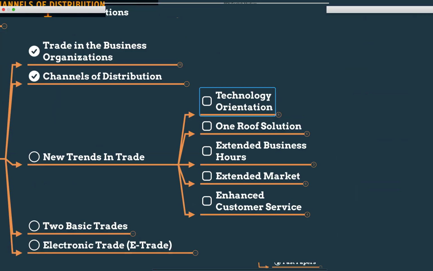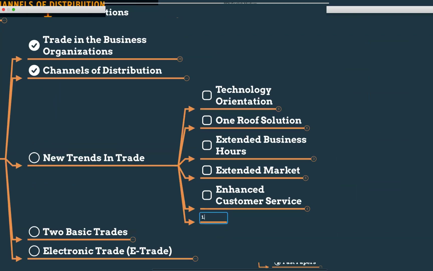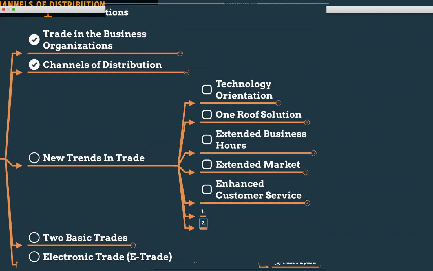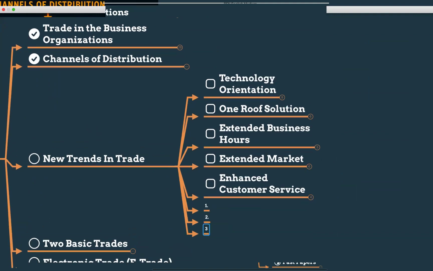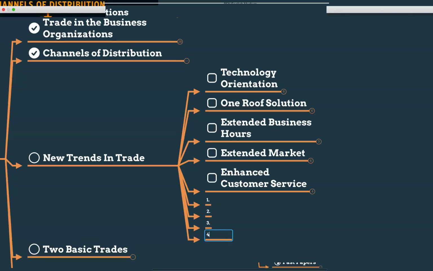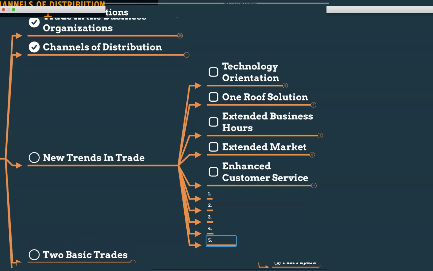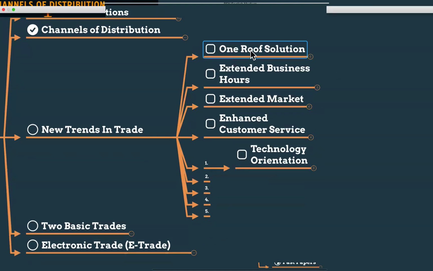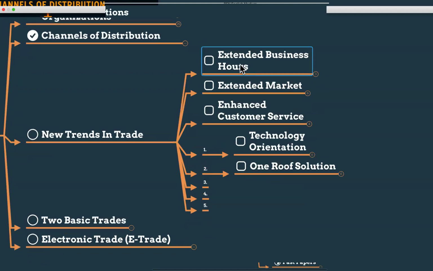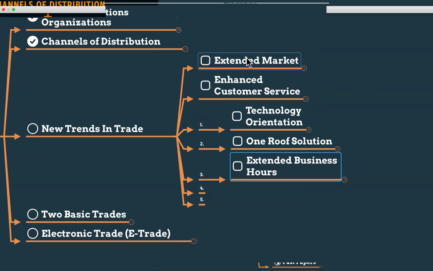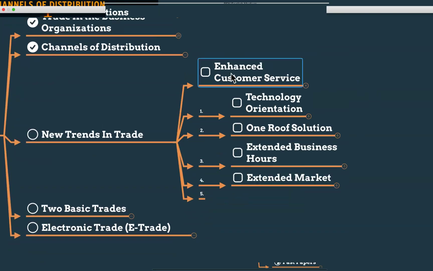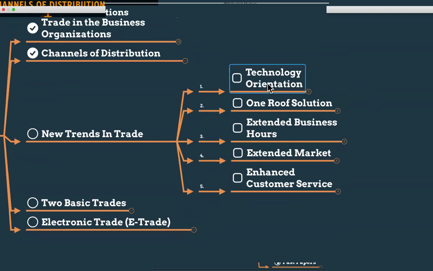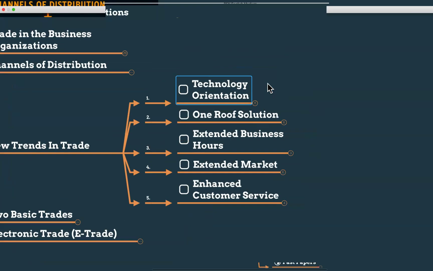Let's number it: 1, 2, 3, 4, 5 trends actually. The first one is technology orientation, one roof solution, extended business hours, extended market, enhanced customer service, right? So these are the new trends.